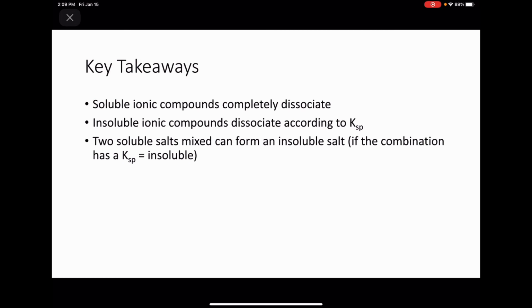And we can form an insoluble salt by mixing two soluble salts together. It's called a precipitation reaction, if one of the combinations of cations and anions ends up being an insoluble ionic compound, which we can determine based on solubility guidelines or a table of Ksps.